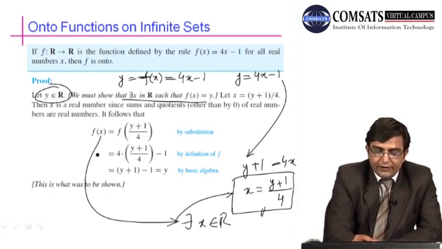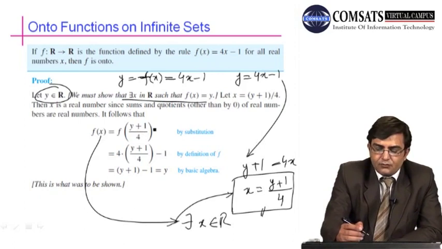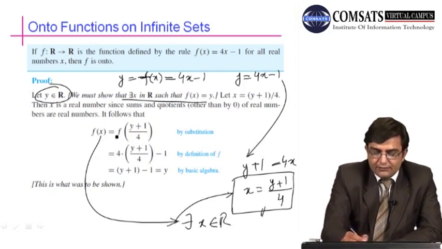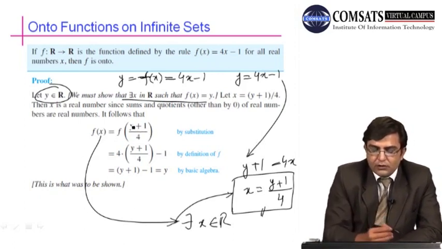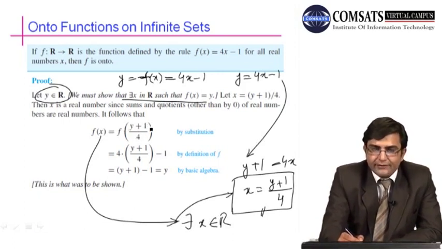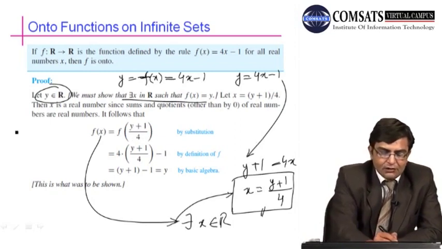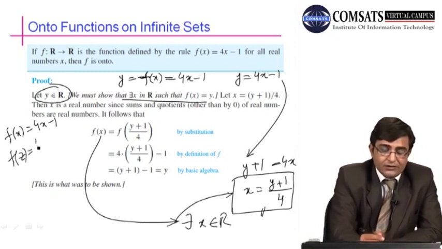So in f of x we have substituted the value of x, y plus 1 divided by 4. Now if we apply the function on this value, suppose this is z, if f of x is equal to 4x minus 1, then f of z is equal to 4z minus 1.